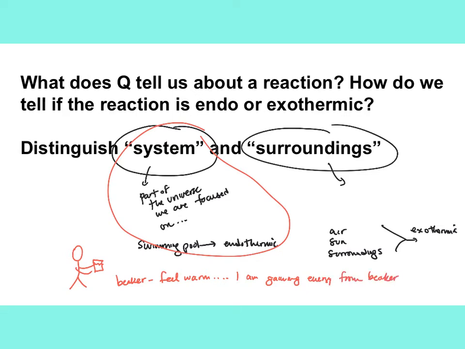And if I'm gaining energy from the beaker, I am experiencing an endothermic process, and what's happening in the beaker is in fact exothermic. If, on the other hand, I was holding something in that beaker and that beaker felt cold to me, that means I am giving energy to the beaker. And what's happening in the beaker is in fact endothermic.